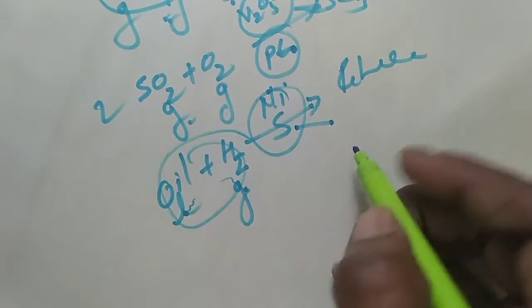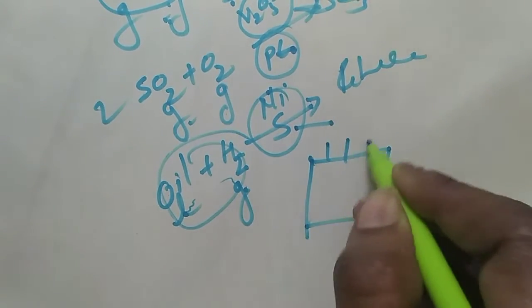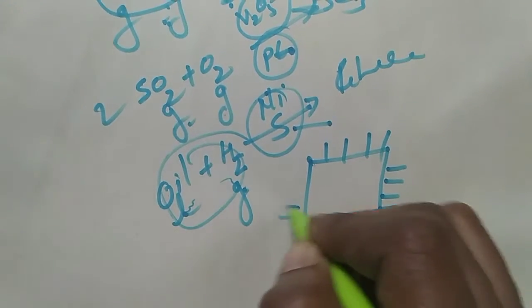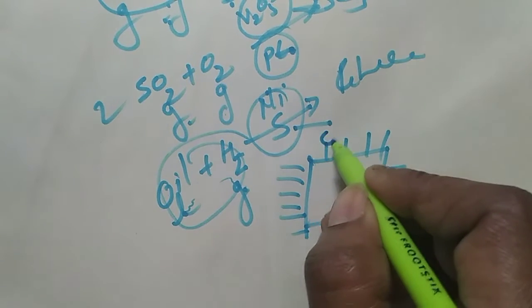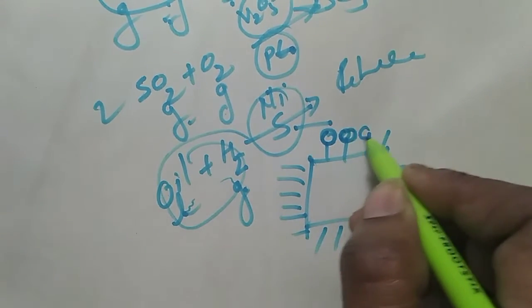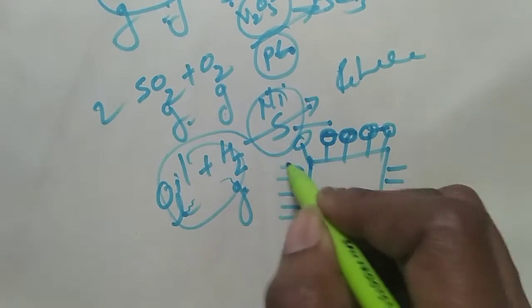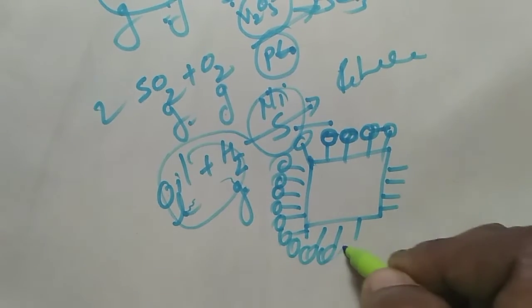In heterogeneous catalysis, what happens? There are active sites on the surface of the catalyst, and on these active sites reactant molecules get adsorbed and then they react with each other to make chemical bonds between them, and product is formed.